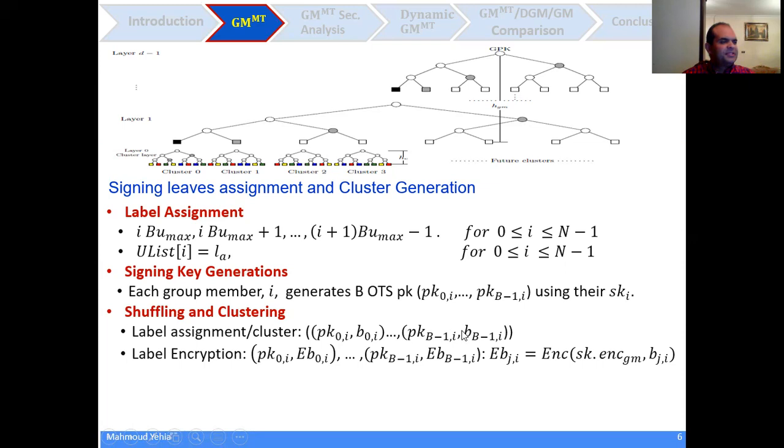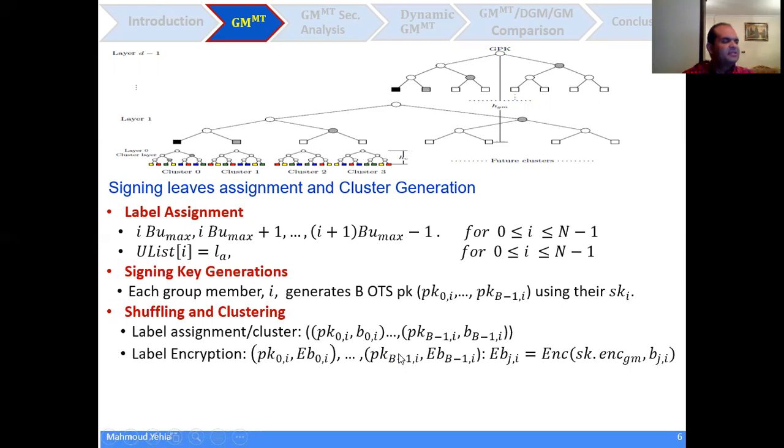Then these labels are encrypted using an encryption algorithm utilizing the group manager secret key, sk.enc. So the labels themselves are encrypted.